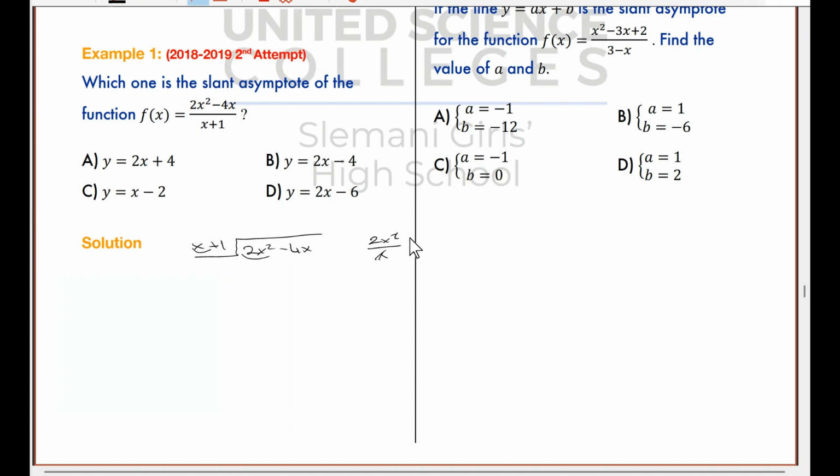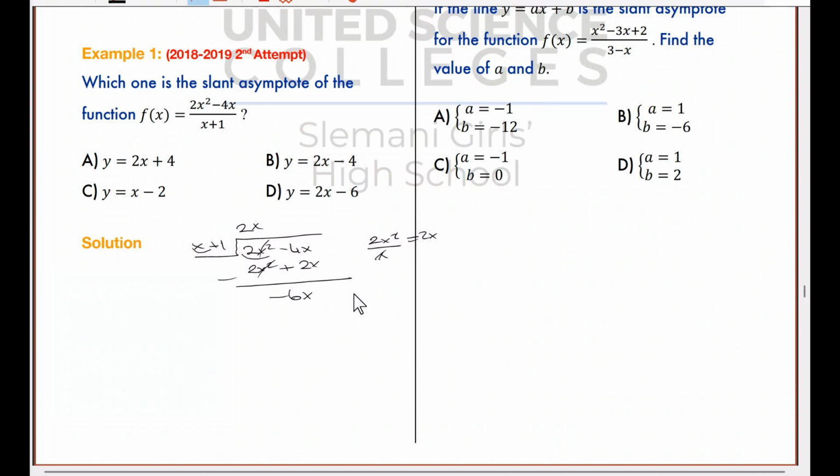So here I have 2x. Write 2x as a quotient. Multiply 2x by the divisor one by one: 2x by x, 2x squared, plus 2x by 1, 2x. Now subtract. 2x squared minus 2x squared is 0, minus 4x minus 2x is minus 6x.